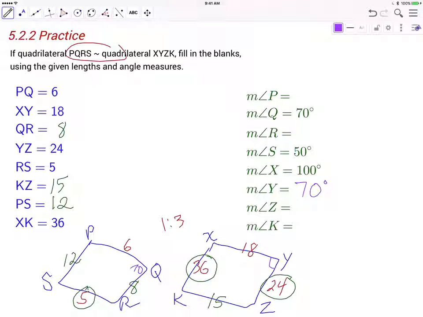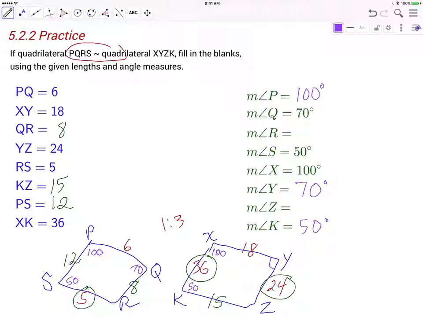Angle S is 50 degrees. Well, that means that K is 50 as well. K is 50. And X is 100. My scale is pretty terrible. That means that angle P is also 100.